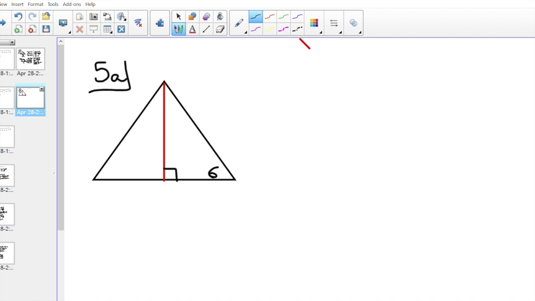Now this angle is 60, and this angle is 60. If that angle is 60, and we got a right angle, then this small angle would be 30 on both sides. But we don't need 2 triangles. We just need one. Now, that red line is called the altitude.